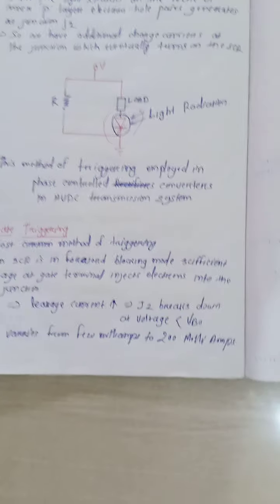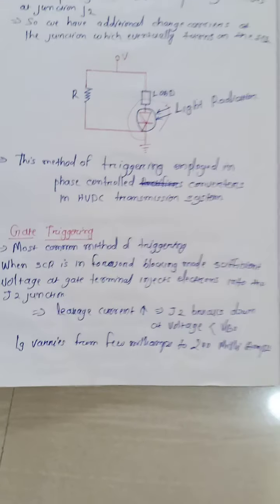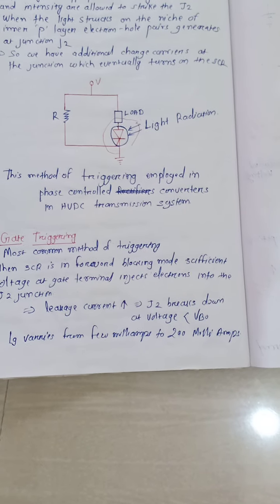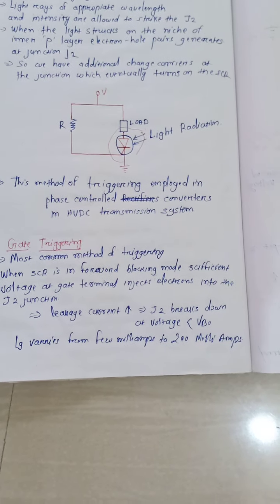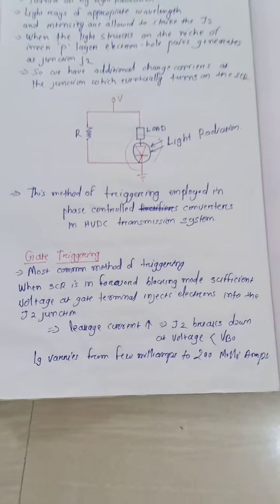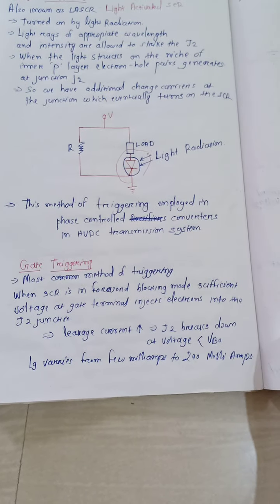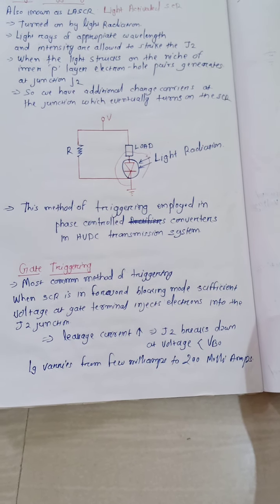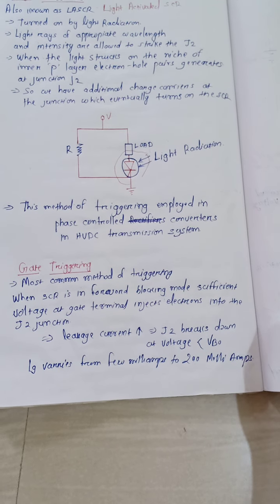Now we will learn about the most common method of triggering, that is gate triggering. When the SCR is in forward blocking mode, sufficient voltage at the gate terminal injects electrons into the J2 junction.